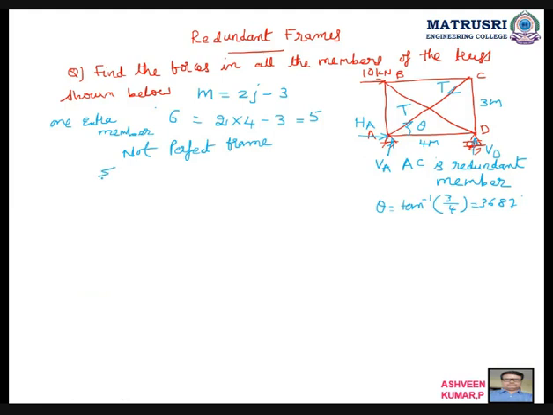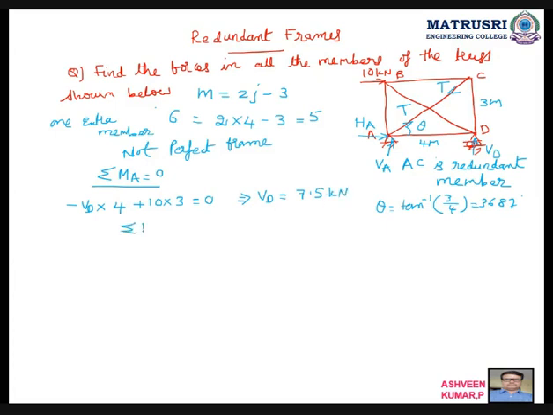So sigma MA is equal to 0. Minus VD into 4. Only this is there, 10 into 3 clockwise. Plus 10 into 3 plus 10 into 3 is equal to 0. So VD is equal to 30 by 4, 7.5 kilonewton.